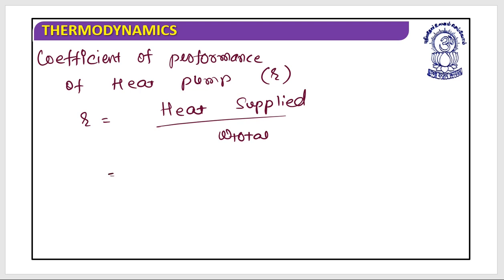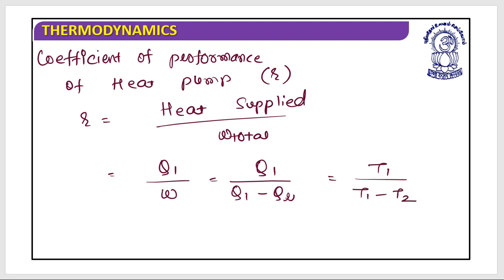So heat is supplied from the hotter region, it's Q1 divided by W, and this could be given as Q1 divided by Q1 minus Q2, or that could be written as equal to T1 divided by T1 minus T2. This is the coefficient of performance of heat pump. I hope this is clear.